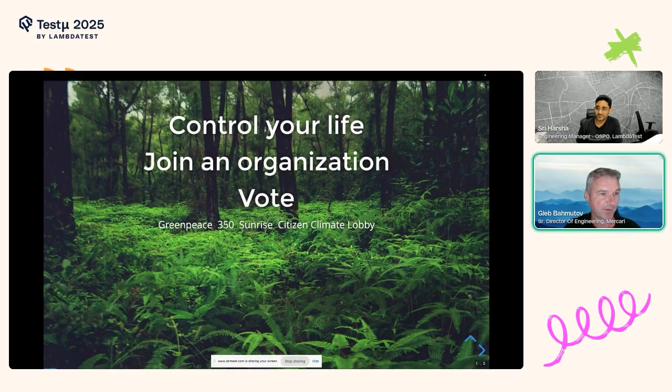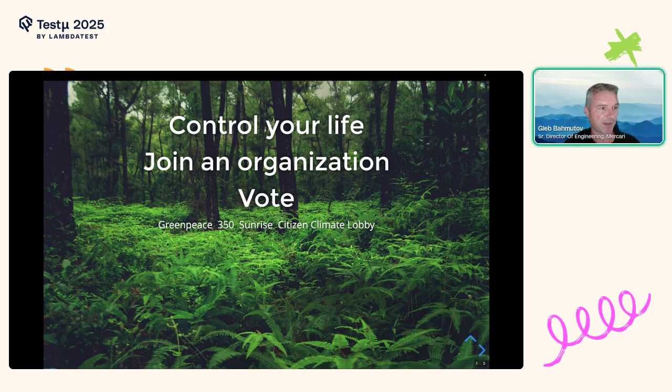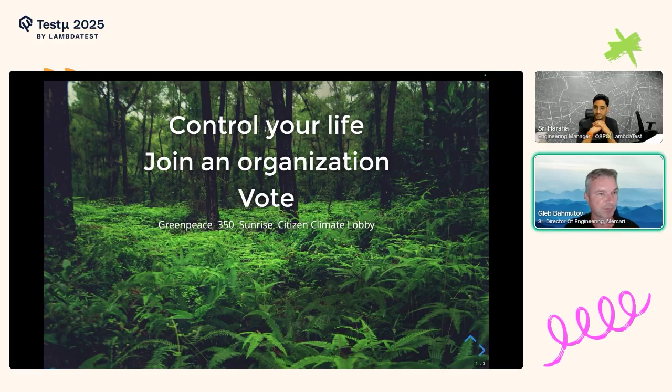I believe that a better world is possible, but I don't think we can do it separately. I think we have to work together, and only by joining an organization can you actually solve the climate crisis. So every country, every city has something like Greenpeace, 350, Sunrise, Citizen Climate Lobby that are working to solve the climate crisis.